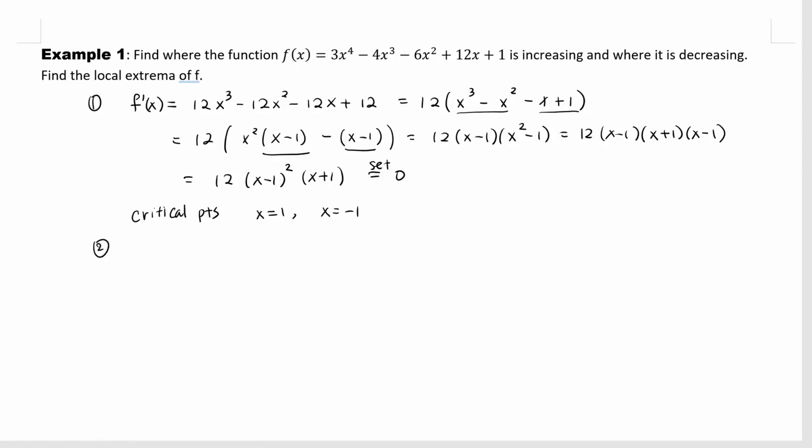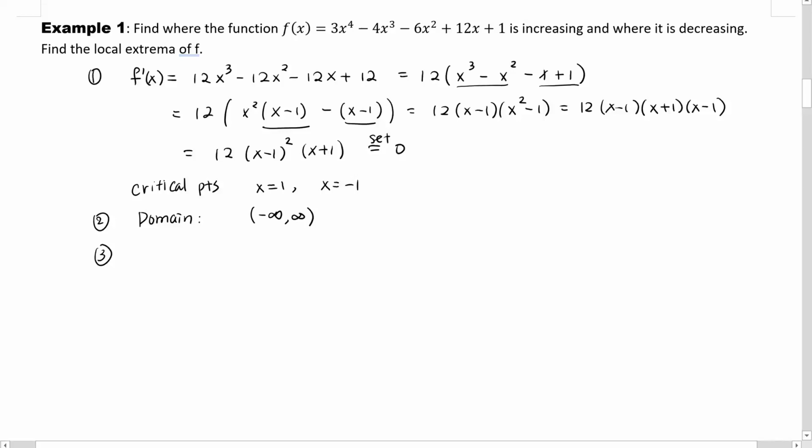So the second step is to find the domain. What is the domain? Well, it's a polynomial, right? So no restrictions, all real numbers. The third step, we're going to draw a table.